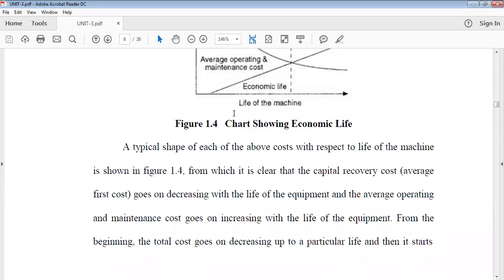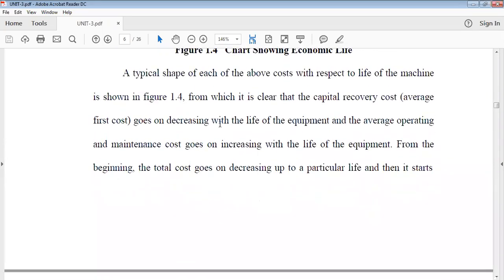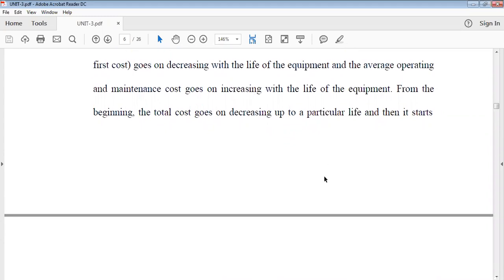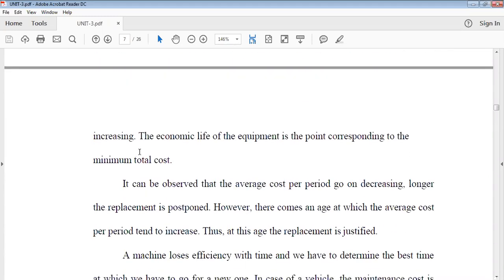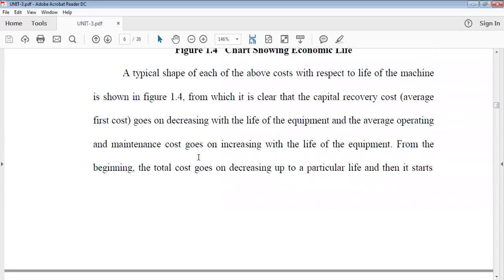Every year, the operating cost and maintenance cost are going to increase with the life of the equipment. From the beginning, the total cost goes on decreasing up to a certain particular life, and then it starts increasing. The economic life of the equipment is the point corresponding to the minimum total cost.